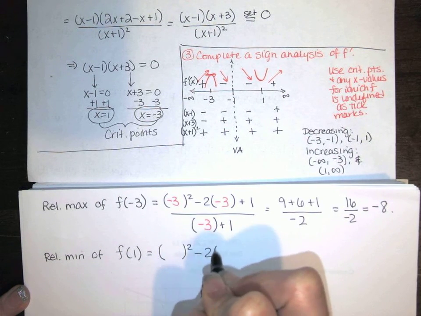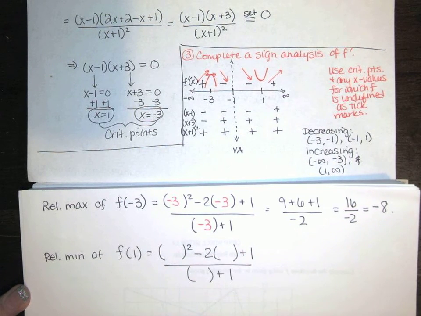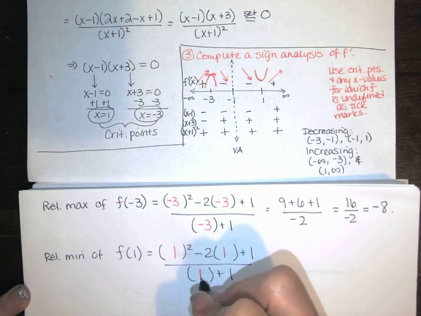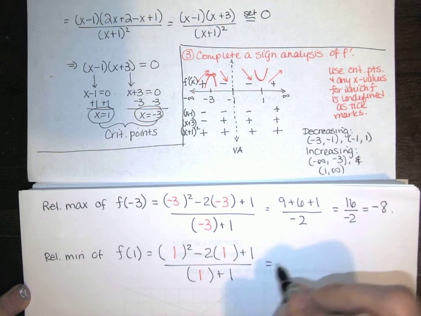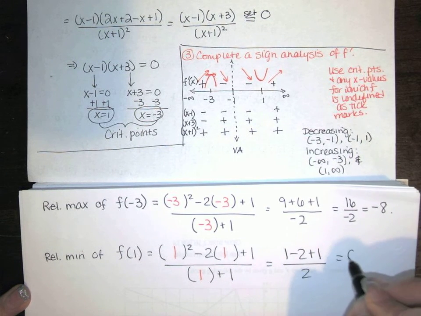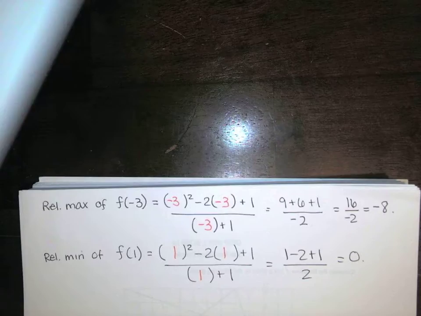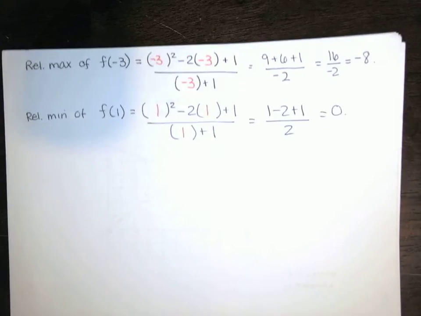So you have 1 squared minus 2 times 1 plus 1 over 1 plus 1. So I've got 1 minus 2 plus 1 over 2. The numerator is 0, so we get 0. Okay. Now we want to put all of these pieces together and graph the function.